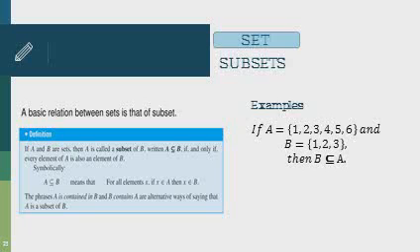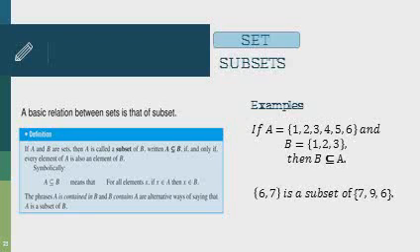Samples. If A is equal to the first 6 counting numbers, and B is 1, 2, 3, then B is a subset of A because the elements of B are found in our base set A. 1, 2, 3 can be found in set A. 6, 7 is a subset of 7, 9, 6.